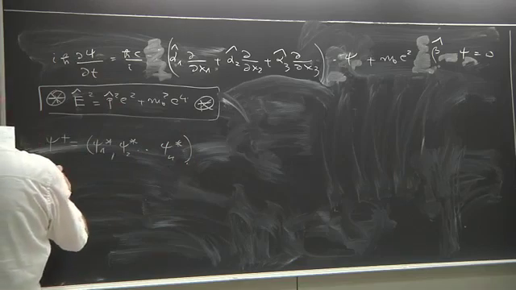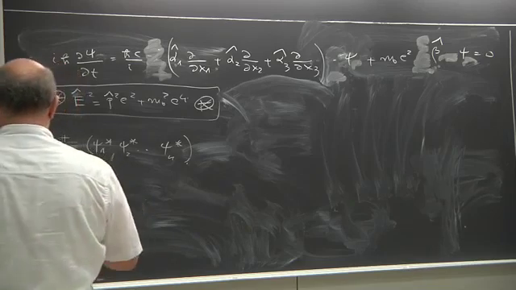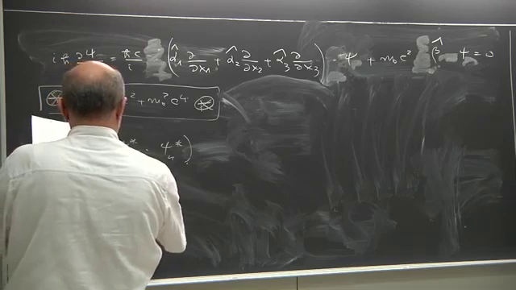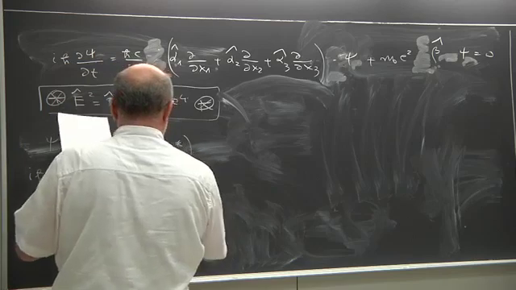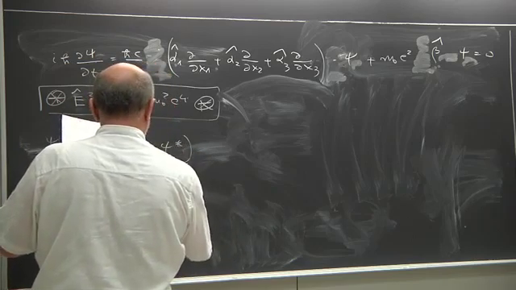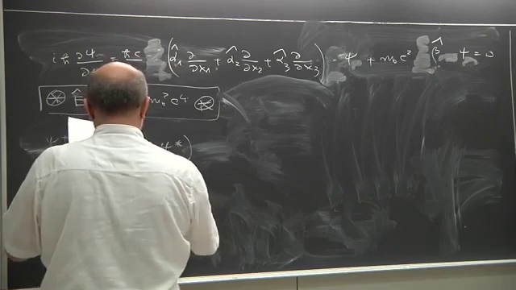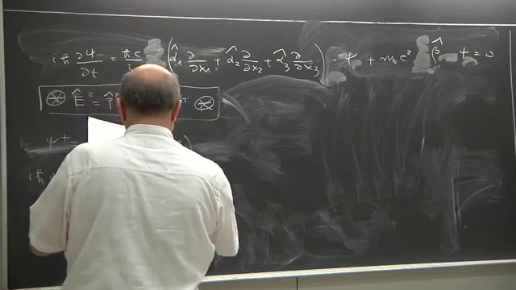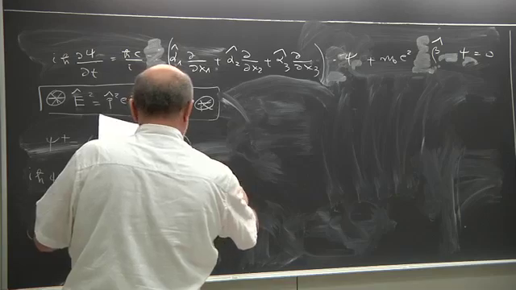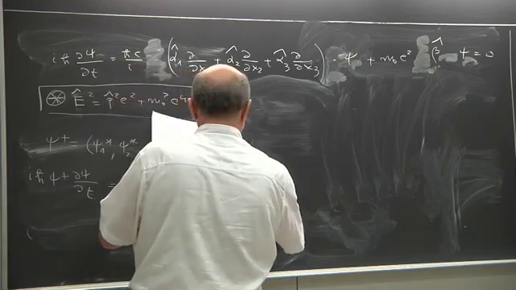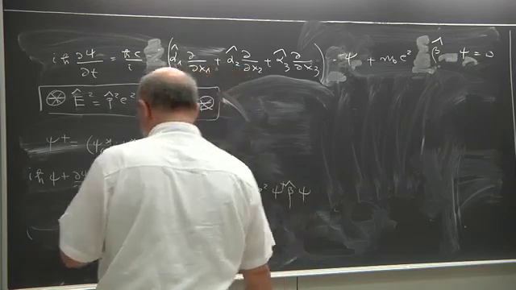We have i h bar psi dagger d psi dt equal to h c, psi dagger, sum over the various matrices I from 1 to 3, alpha I d dx I psi, plus m0 c squared psi dagger beta psi.